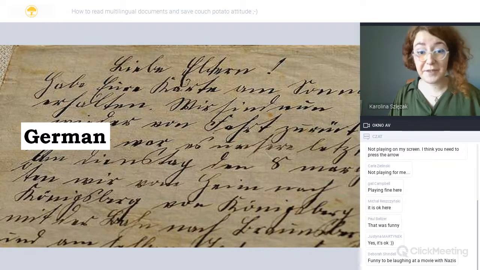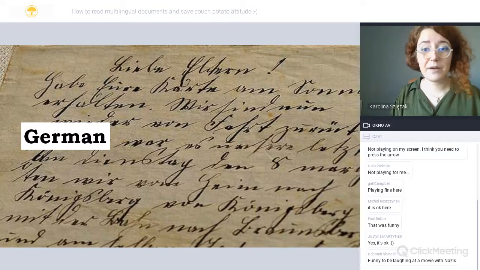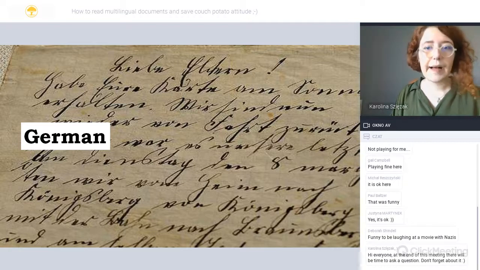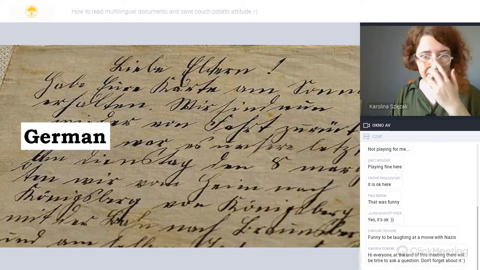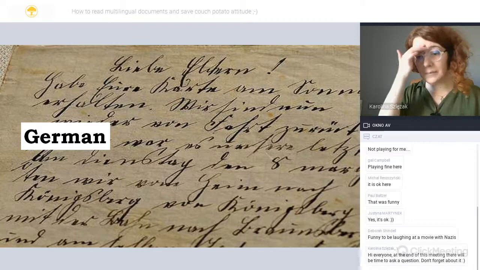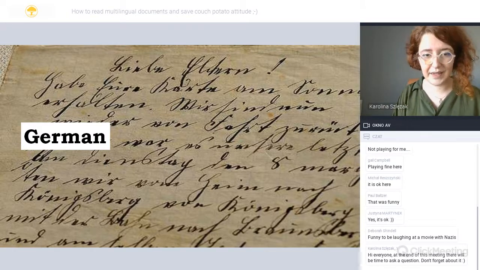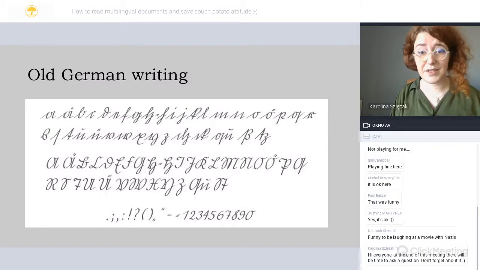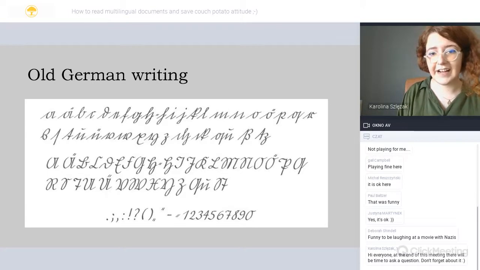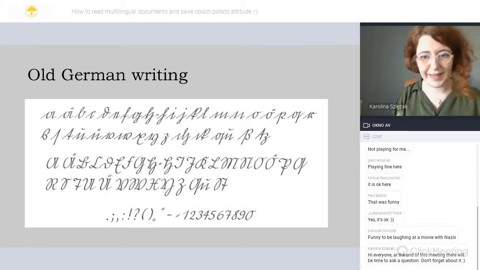And we just jump into German. German might be really confusing, not because of the language itself, from the Prussian and Austrian part of Poland, but it can be actually challenging because of the way it looks, because the old German writing slightly differs from what we expect, or might be hardly decipherable.